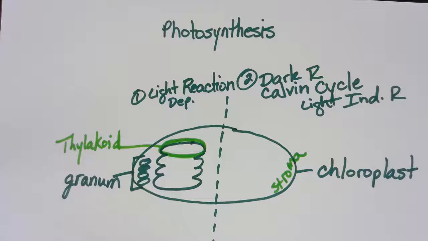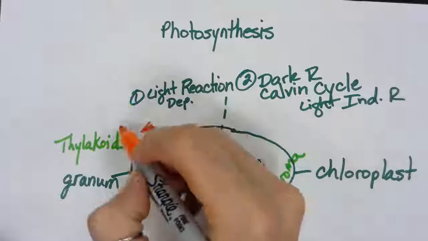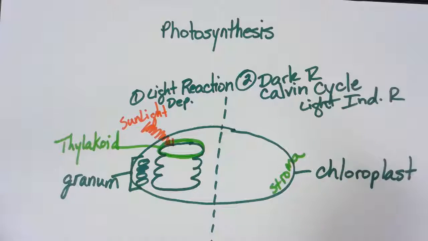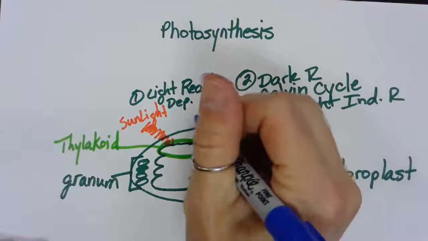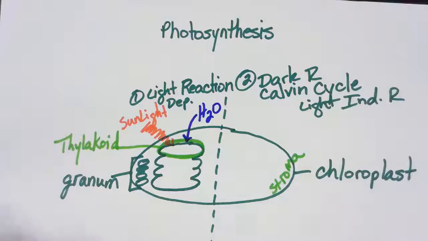In the first stage, if we're looking at this, we're going to have our first entry. Everything happens because we have sunlight. Okay, sunlight's going to come into the thylakoid membrane, and it's going to work with water. And what is it going to do to the water?